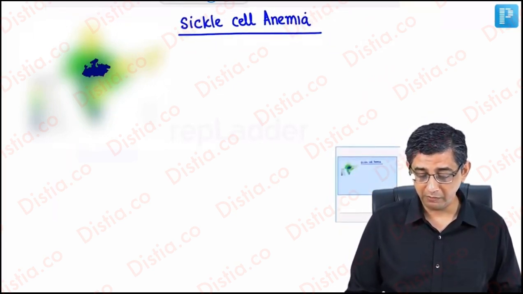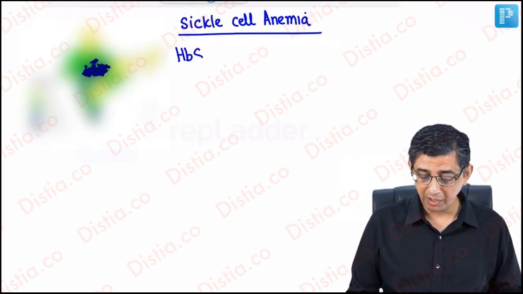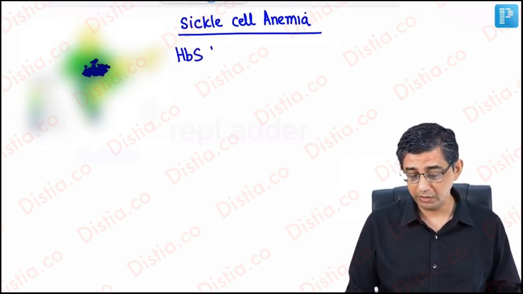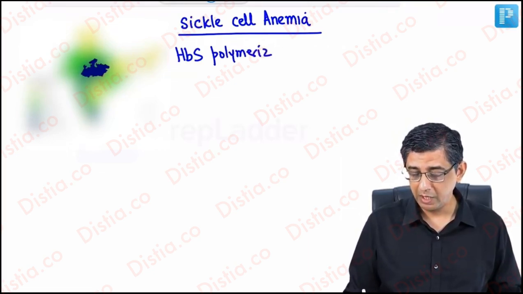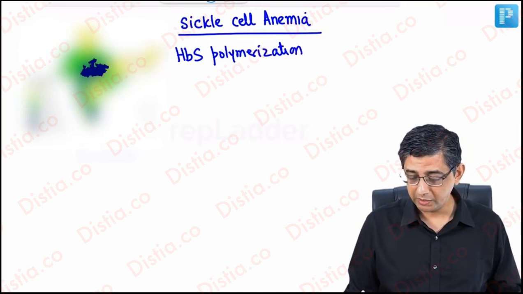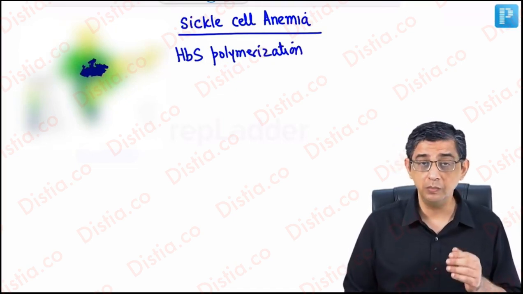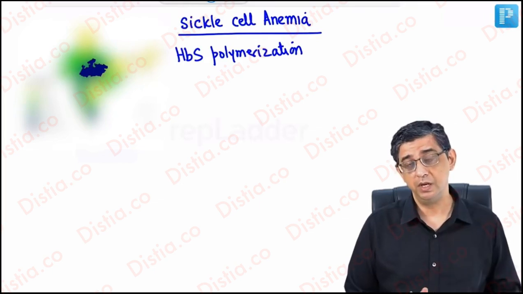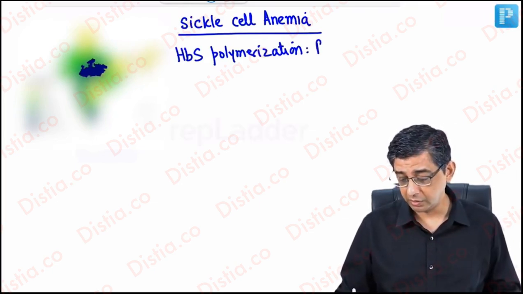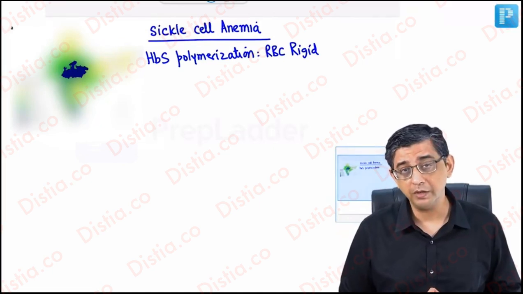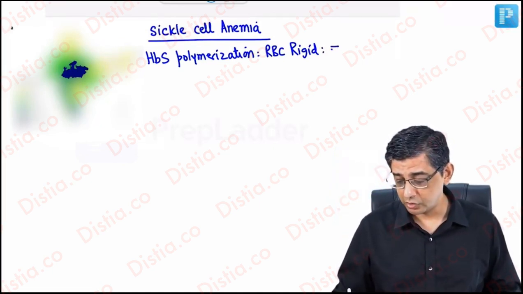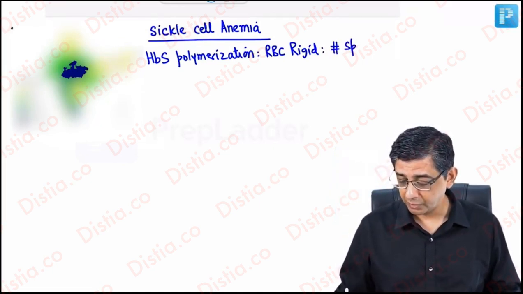Now, once we have gone through this basic data, I would like to highlight what is the main problem that will be occurring in this person apart from anemia. Because you see, we know that there is hemoglobin S which is defective, so that's understandable. Anemia will be there. But at the same time, I want to highlight that the main problem of these patients is that hemoglobin S tends to polymerize. Now, due to this polymerization, the red blood cells tend to become rigid, and these rigid RBCs will then get trapped in the splenic capillaries and they might get destroyed at an accelerated rate.